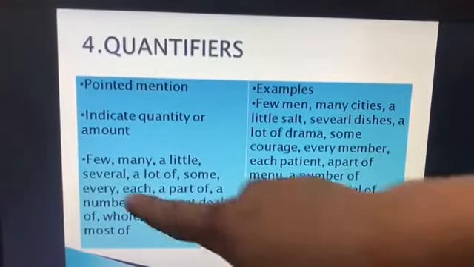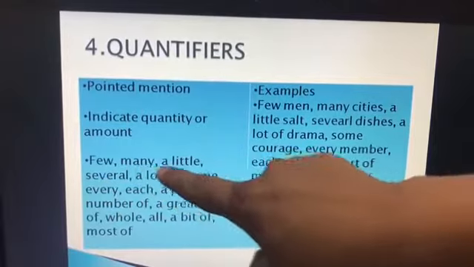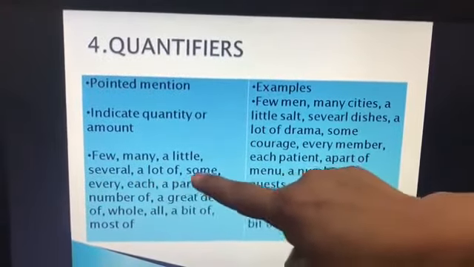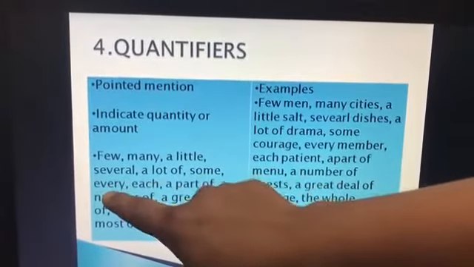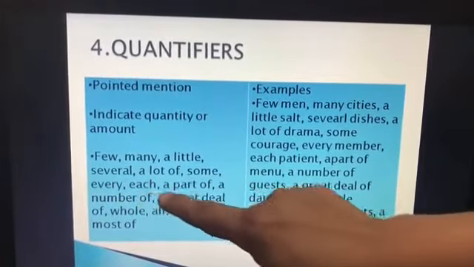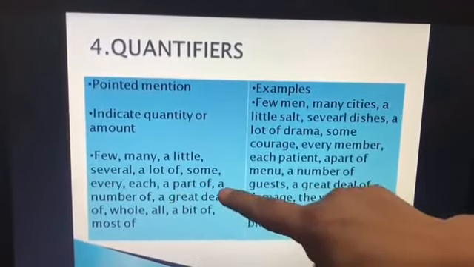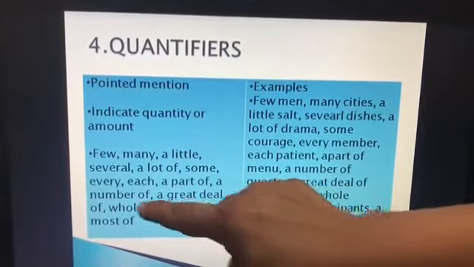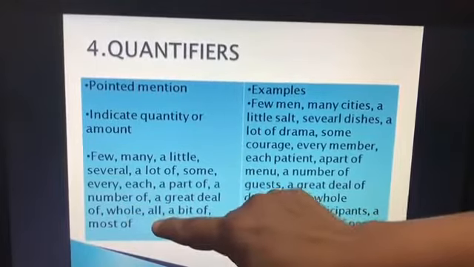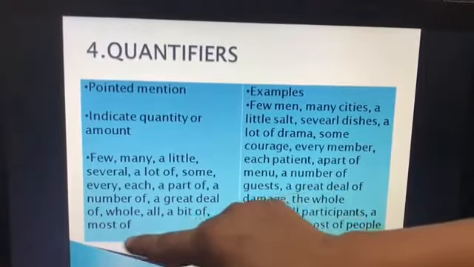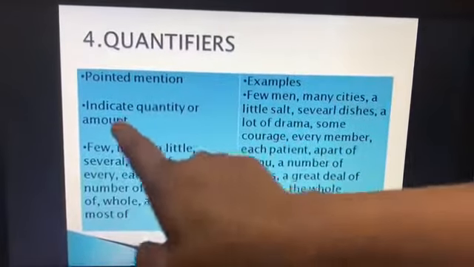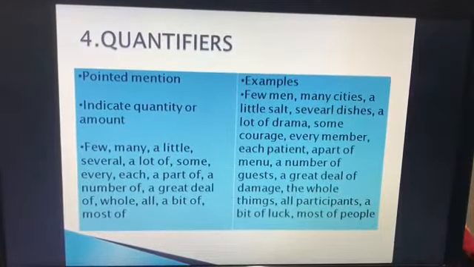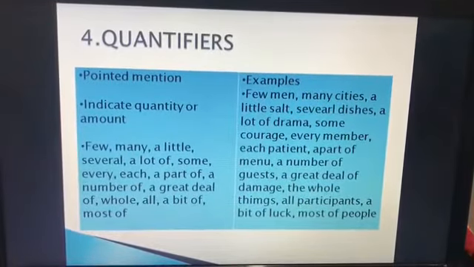For example, few, many, a little, several, a lot of, some, every, each, a part of, a number of, a great deal of, whole, all, a bit of, most of. So these all are quantifiers which we are using for different nouns according to the sentences.